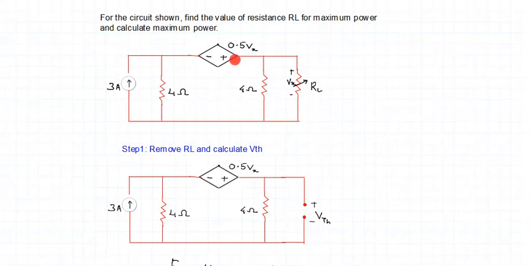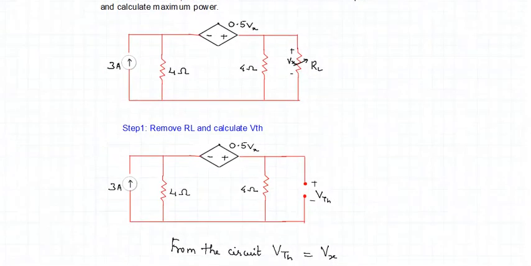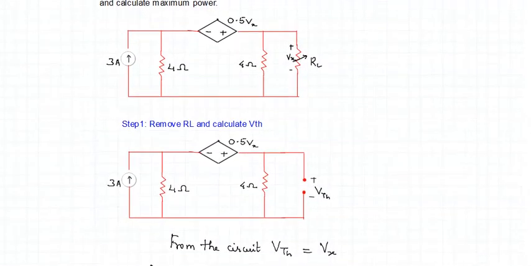When dependent sources are involved, the first step is similar to what we have done earlier, which is to remove the load resistance RL, replace it with an open terminal, and find the open circuit voltage VTH. There is a dependent source in the network. The dependent source is a voltage source which depends on a voltage, and therefore it is a voltage controlled voltage source.